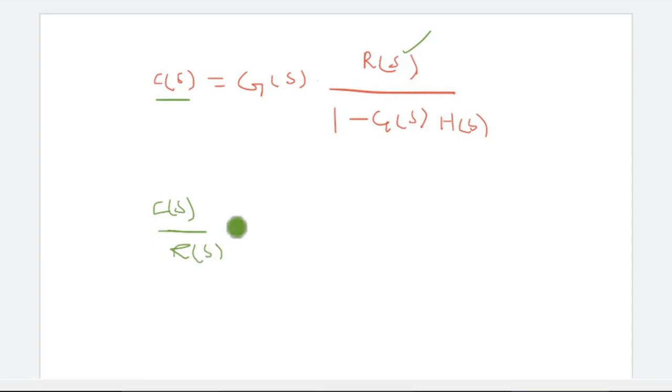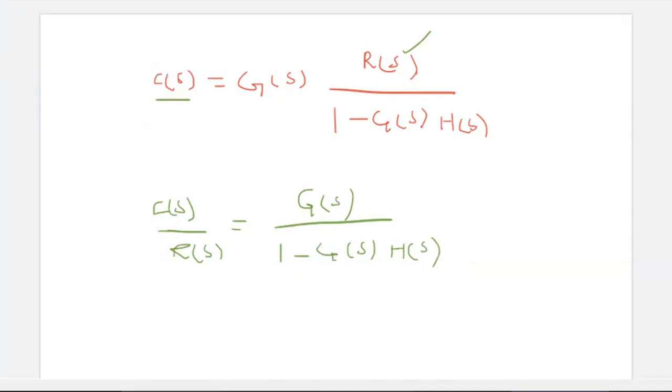C of S by R of S is equal to G of S by 1 minus G of S into H of S. This is the transfer function of positive feedback control system.